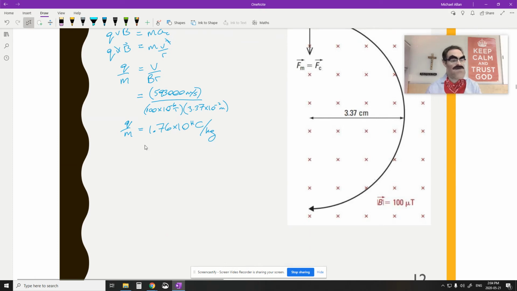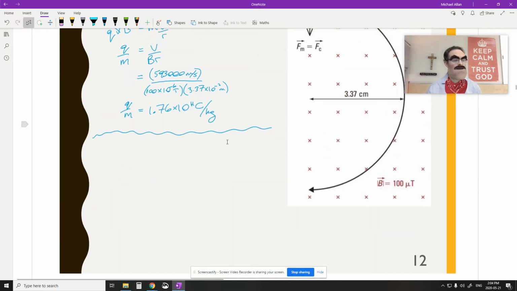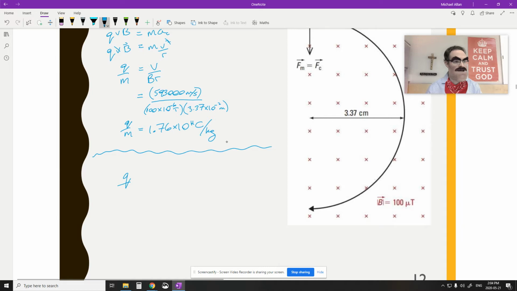If you want to compare this to an electron's charge to mass ratio, because we kind of know what it is, it says here, a beam of electrons. If I take the electron's charge and its mass, and just divide the two numbers, these are the accepted values. 1.6 e to the negative 19 divided by 9.1 e to the negative 31.